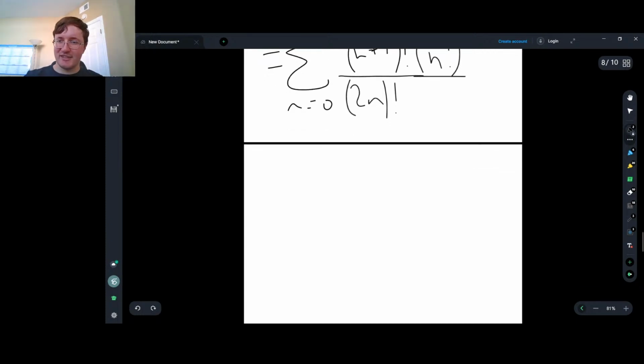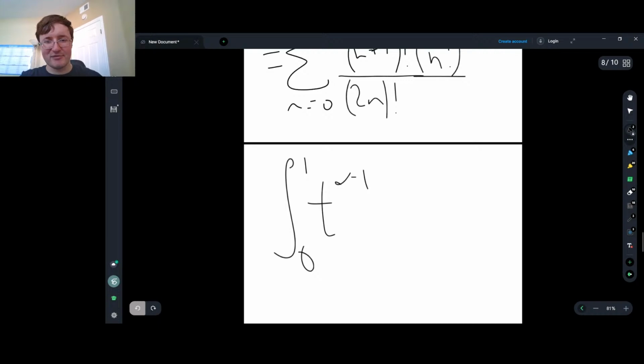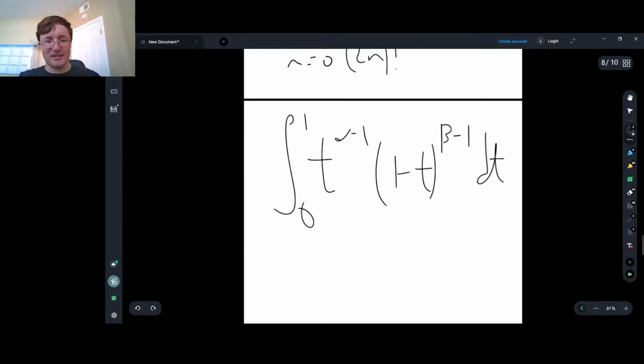Now I'm going to turn this into an integral. I'm not totally sure that this is going to work, but there's something called a beta integral, which says that, it's usually written with alpha and beta, if I take the integral from 0 to 1 of t to the alpha minus 1 times 1 minus t to the beta minus 1, I can write that in terms of the gamma function.